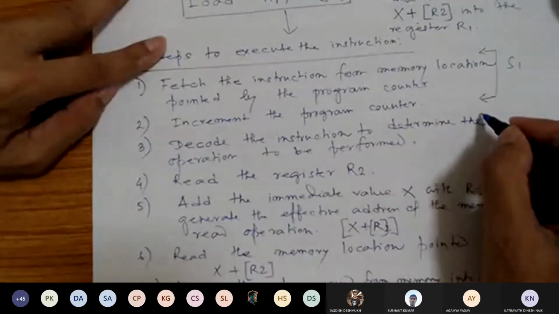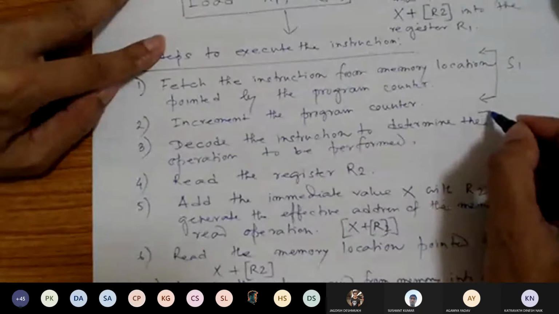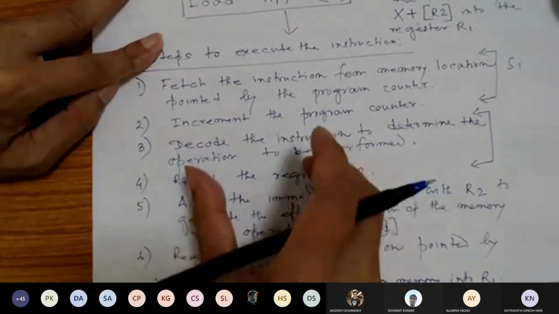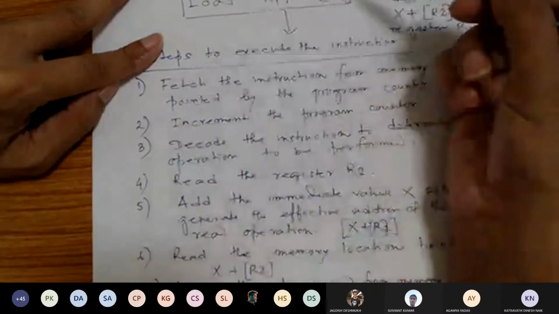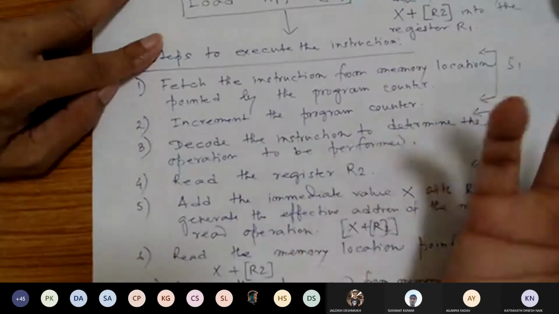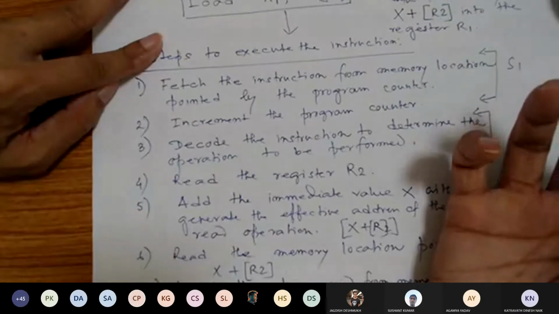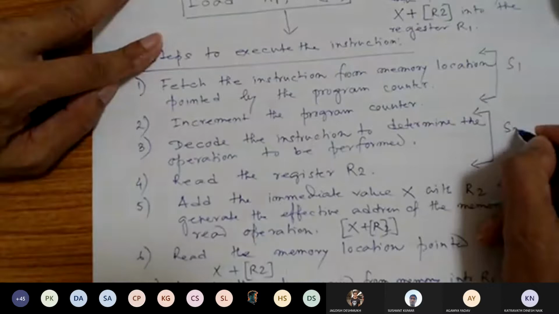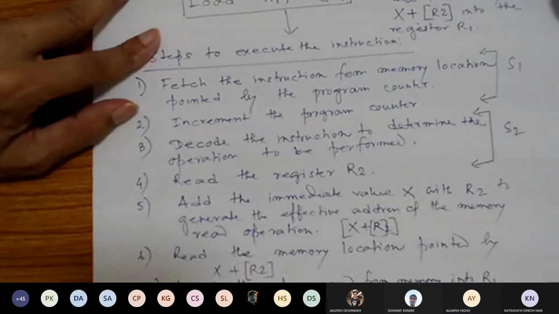So these two are easily done in a single step, because decoding is trying to understand the meaning, whereas the field where the R2 is there, that field is not going to be used for decoding. It's an address of register. So these two actually can be combined.